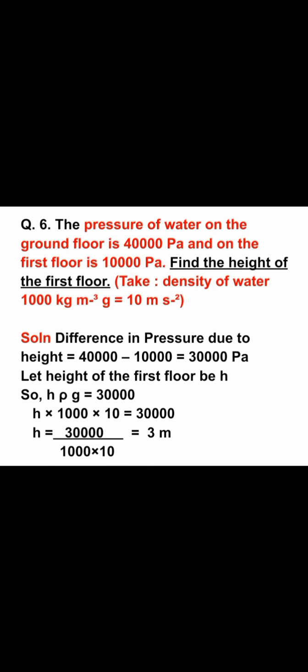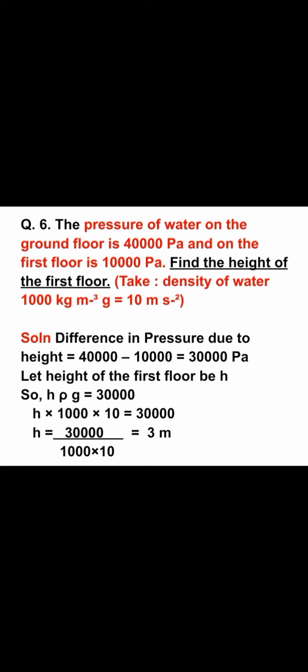Here the question is saying the pressure of water on the ground floor is 40,000 Pascal and on the first floor is 10,000 Pascal. Find the height of the first floor. Take density of water 1000 kg per meter cube and G equals 10 meter per second square. Here the difference in pressure is due to the height only, that is 40,000 minus 10,000 equals 30,000 Pascal.